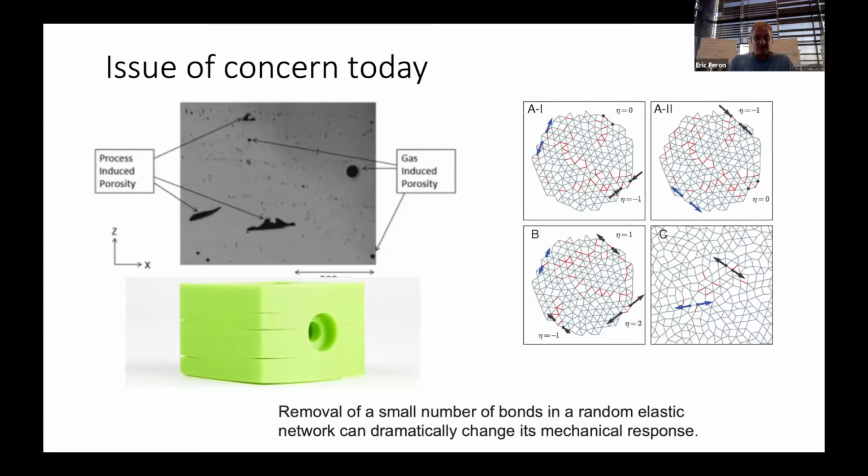So we decided to embark into trying to prove that it was possible to print parts with specific structural elastic behavior, even though the printer that's being used is incapable of doing so open loop.